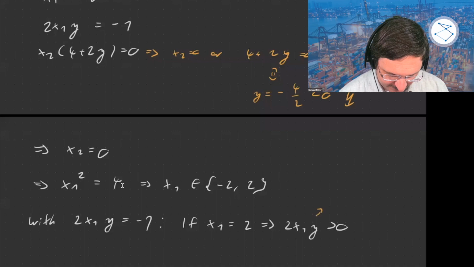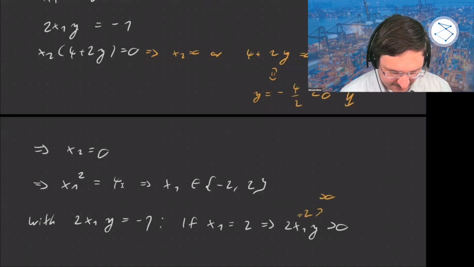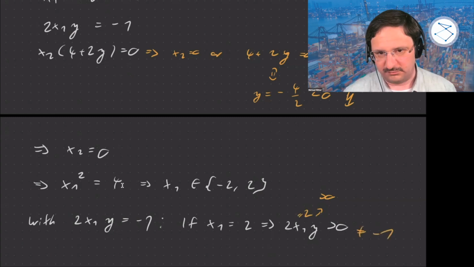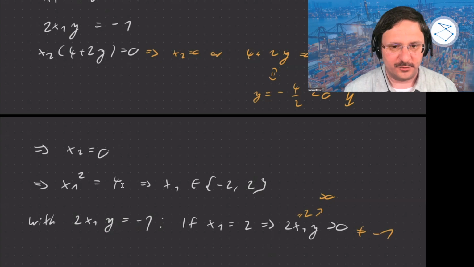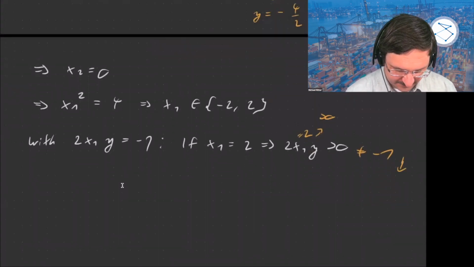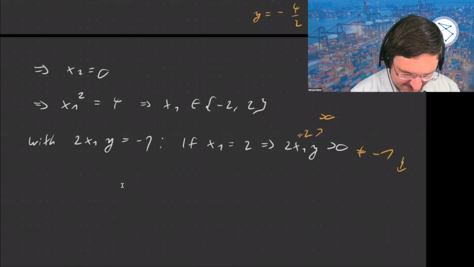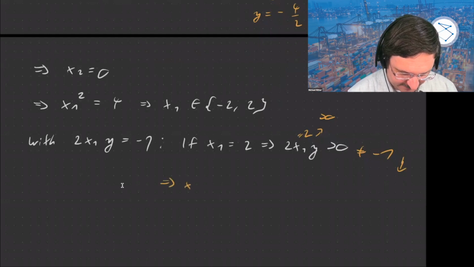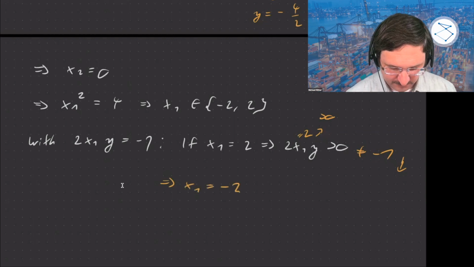Remember, y is positive. And that cannot be equal to -1, right? Something positive can never be equal to -1. So we can exclude the case. And that means x1 necessarily has to be -2.